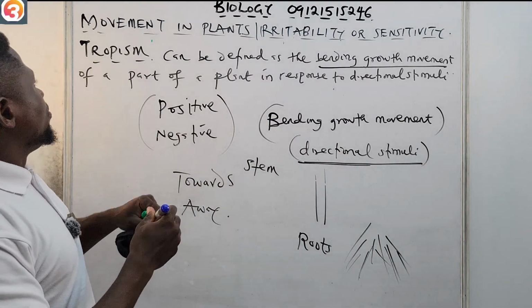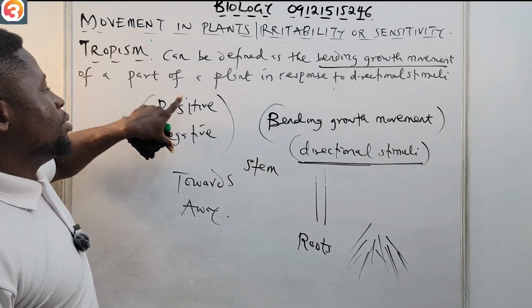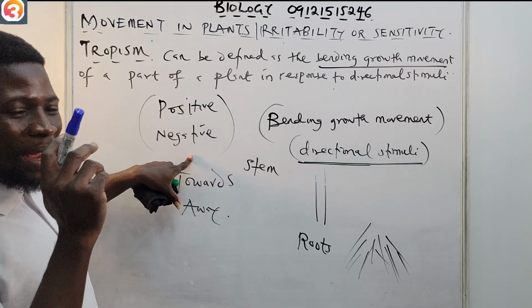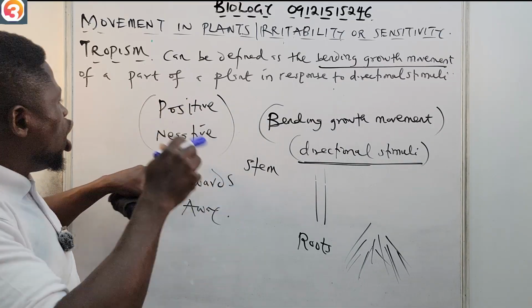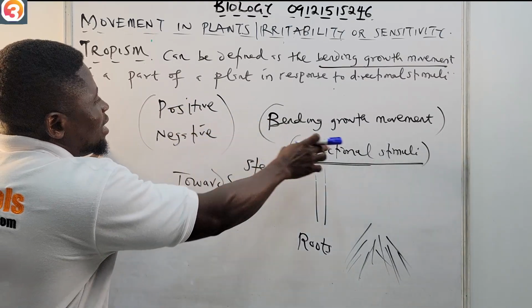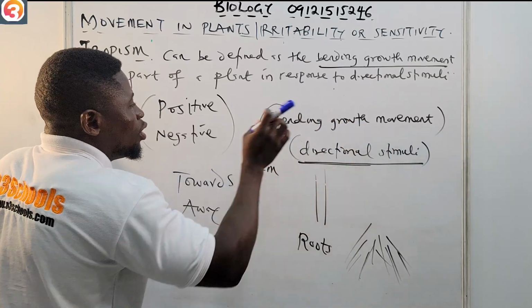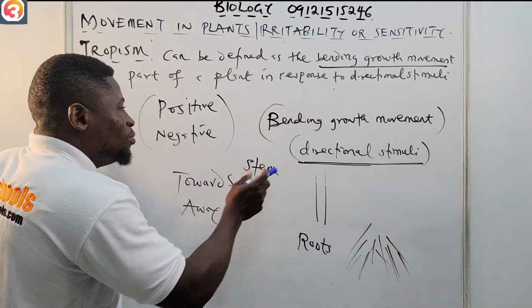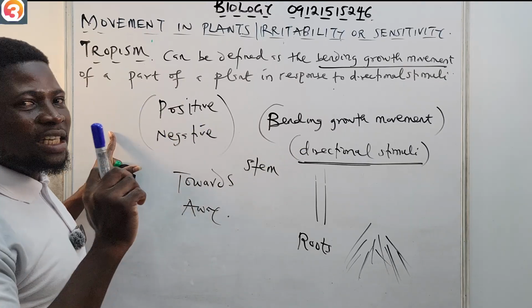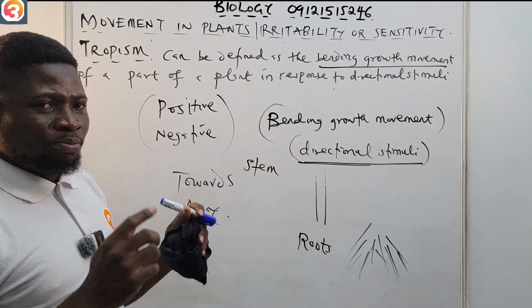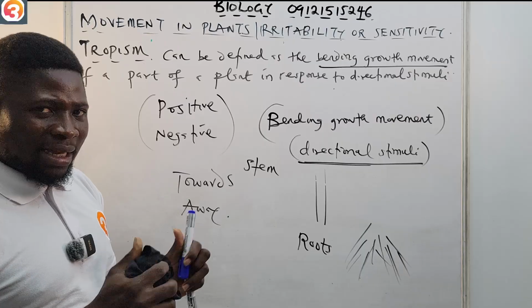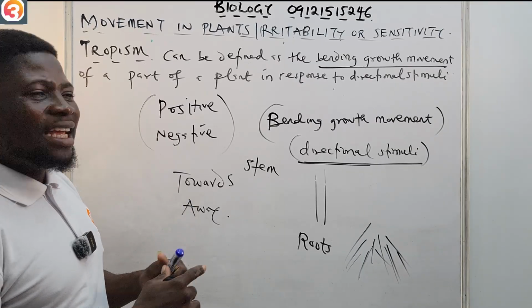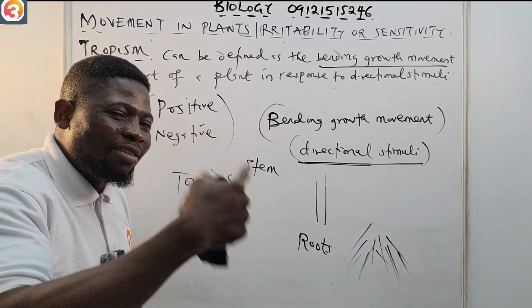Okay, so tropism can be described as positive or negative depending on whether the bending growth movement of the part of the plant is moving towards or away from the direction of the stimuli.